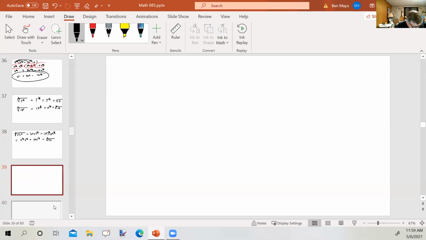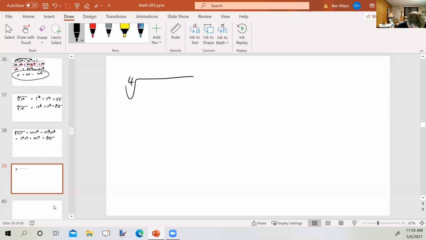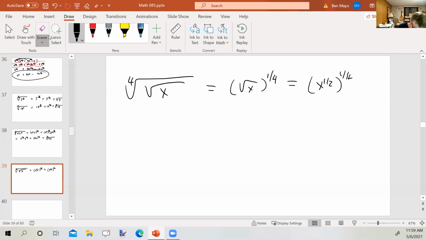And how about this one? The 4th root of the square root of x. That would be the same thing as the square root of x to the 1/4 power, which would be x to the 1/2 power to the 1/4. Oops, slow down. X to the 1/2 to the 1/4 power, which would be x to the 1/8 power, which would be the 8th root of x.